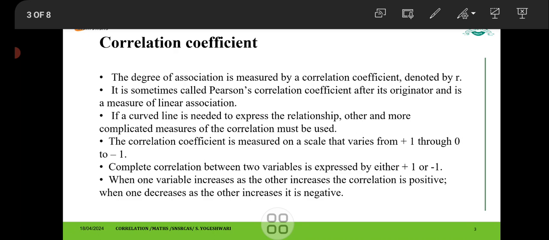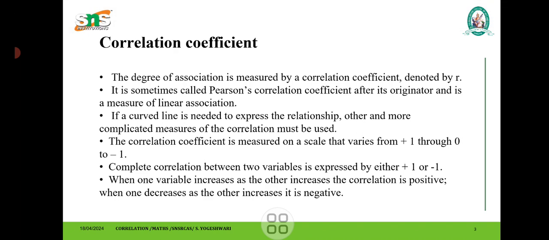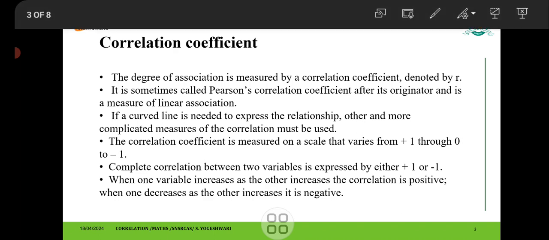It is sometimes called Pearson correlation coefficient after its originator and is a measure of linear association. If a curved line is needed to express the relationship, other and more complicated measures of the correlation must be used. The correlation coefficient is measured on a scale that varies from +1 through 0 to -1.